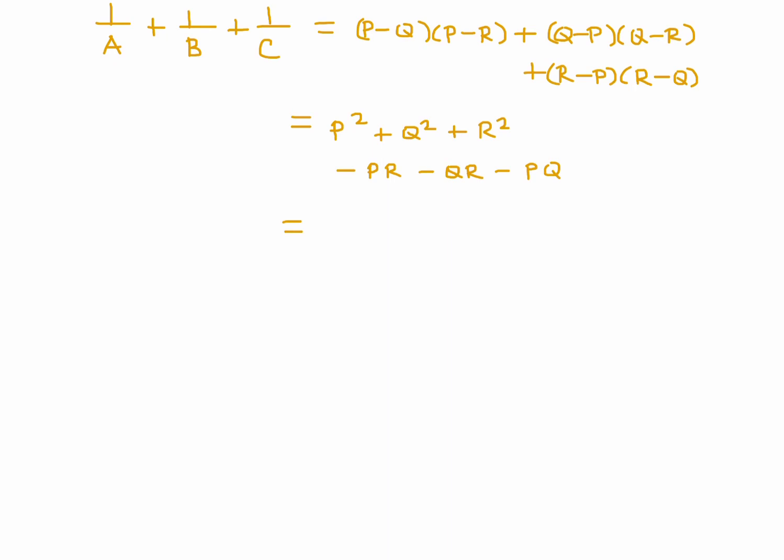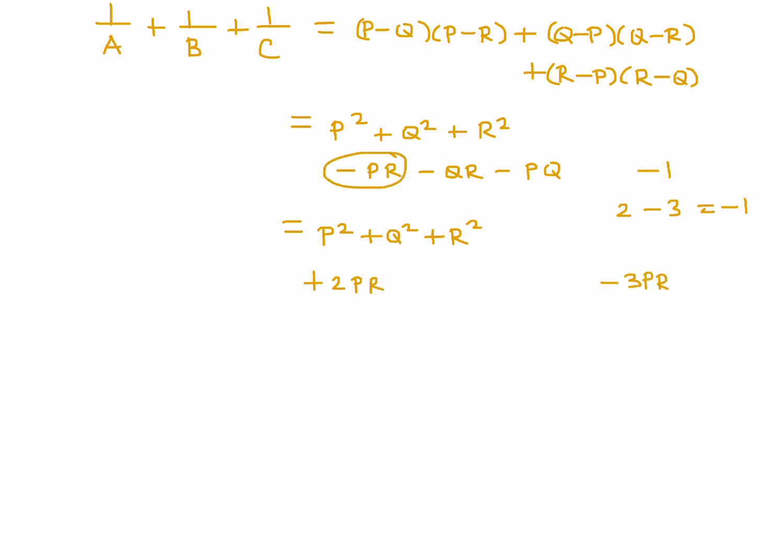But I have to manipulate this because we want to factor it. So what I'm going to do is keep the p squared, q squared, and r squared. But this part, it's sort of like a minus 1. I'm going to write it as 2 minus 3. 2 minus 3 is also minus 1. You see what I mean? So instead of minus pr, it'll be plus 2pr minus 3pr.